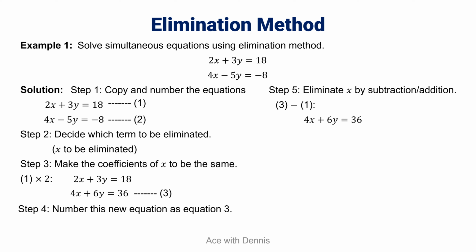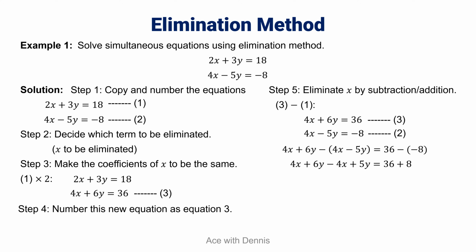So it becomes 4x plus 6y minus bracket 4x minus 5y equals 36 minus bracket negative 8. Expand the bracket. We get 4x plus 6y minus 4x plus 5y equals 36 plus 8.